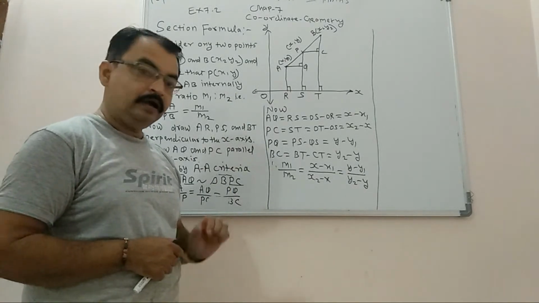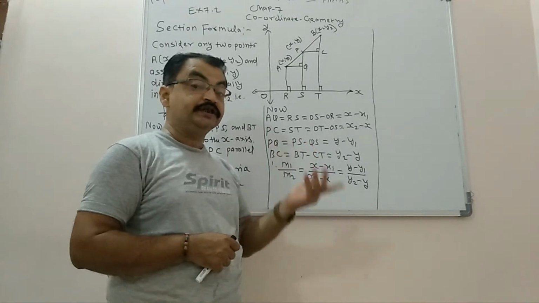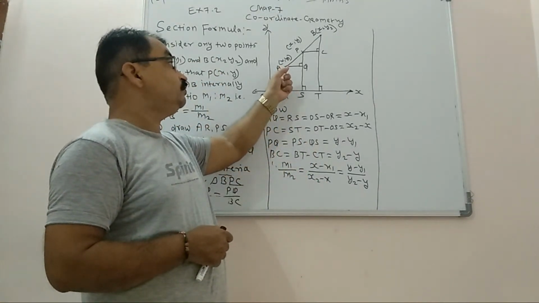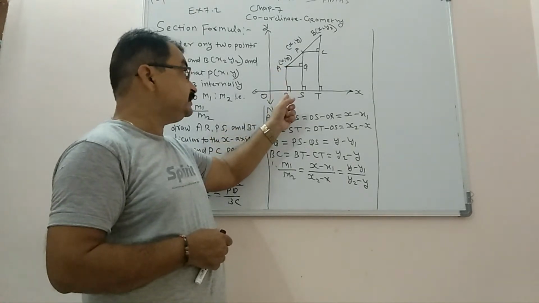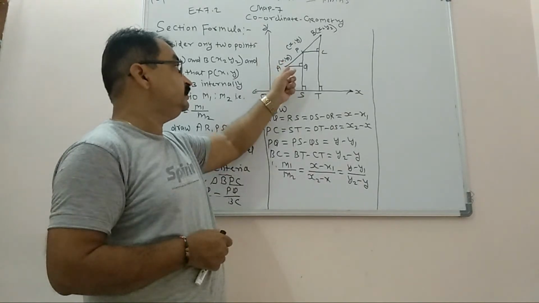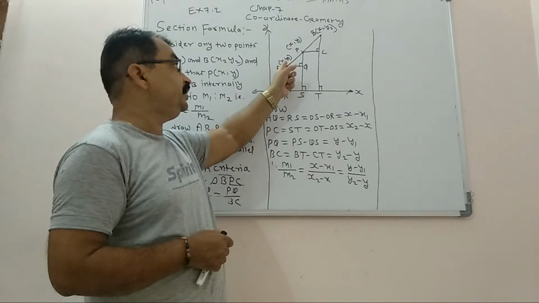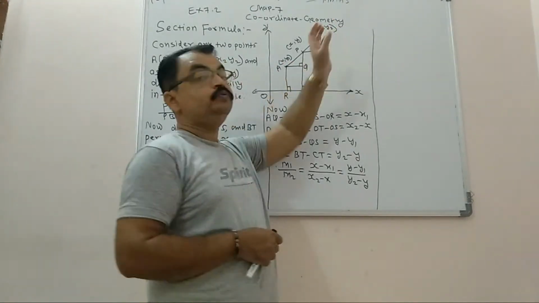Clear? So similarly as we did in the distance formula, suppose what must be the coordinates of it? First you will come towards the x-axis, so I have taken x1, and then you will go towards the y-axis. So I have taken point A as x1, y1, and point B as x2, y2.